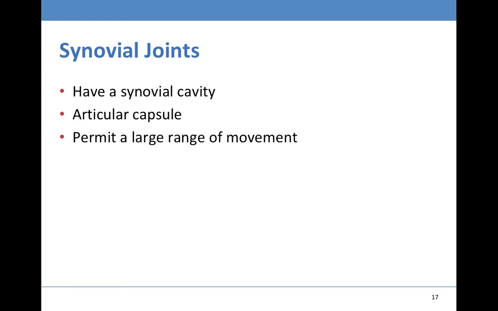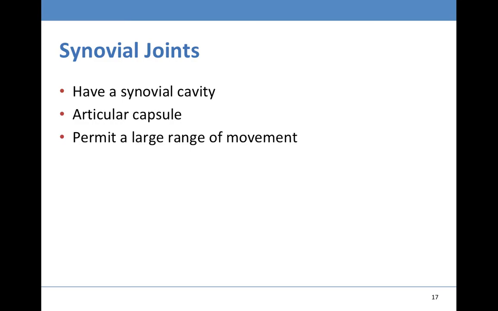And then there's also going to be an articular capsule present. So the articular cartilage here will cover the bone at the synovial joints, and this articular cartilage serves to reduce friction at the joint with the movement, and it also helps to absorb shock.